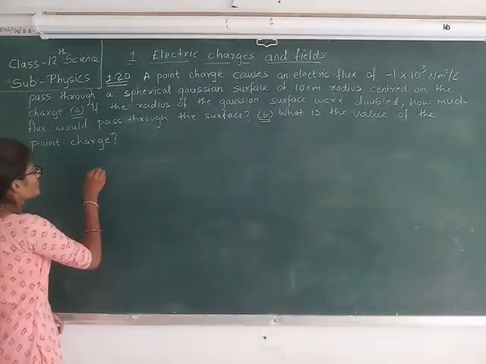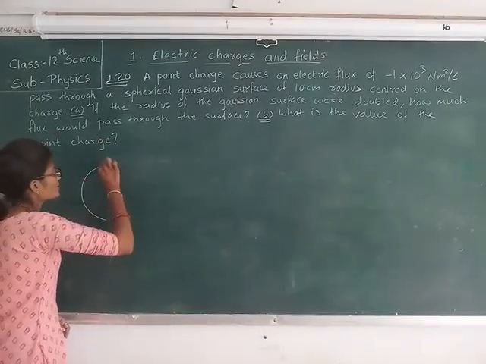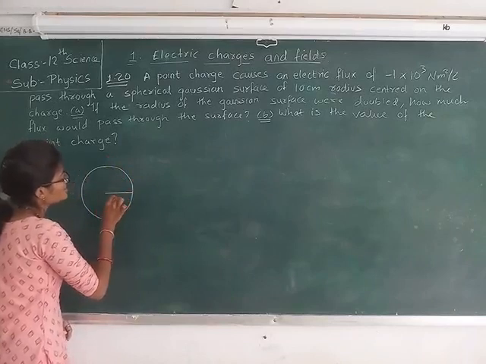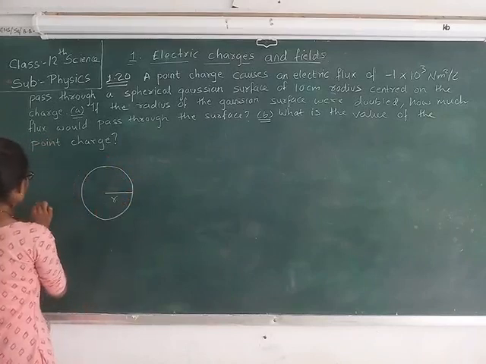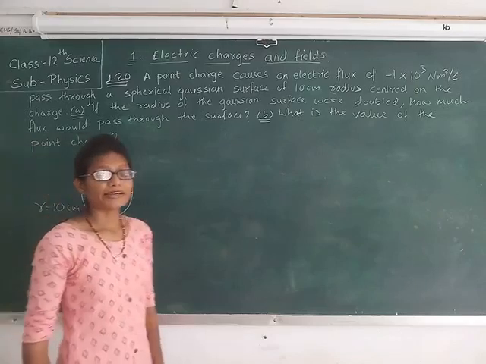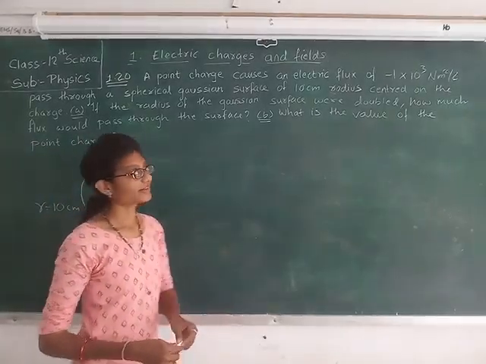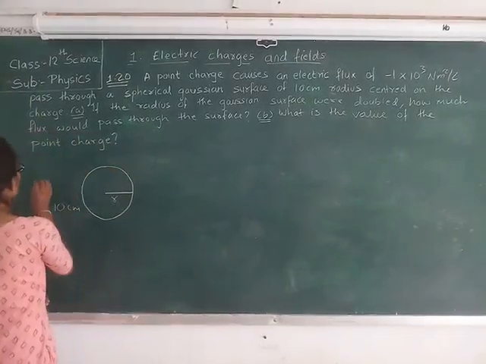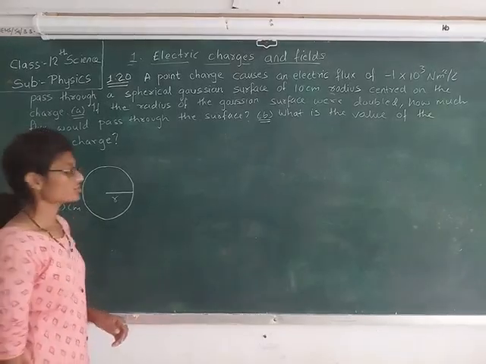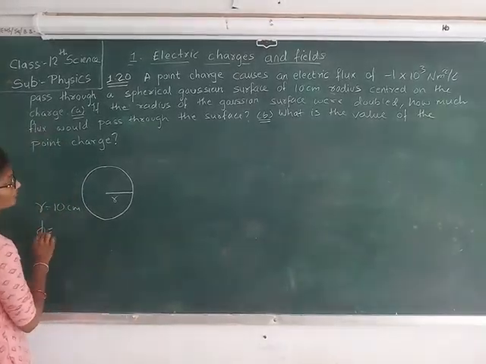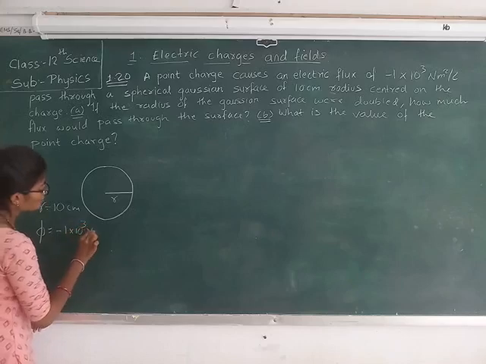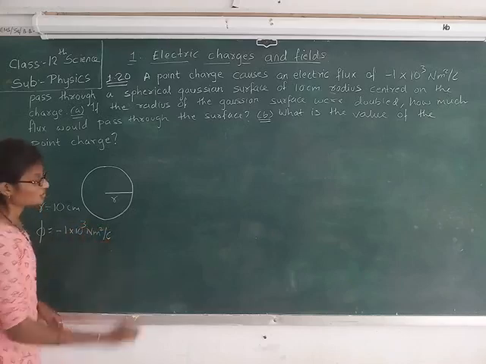That means we have a spherical surface whose radius is r equals 10 centimeter, and a point charge is placed at the center. The flux for this spherical Gaussian surface is given as -1 into 10 raised to 3 Newton meter square per coulomb.